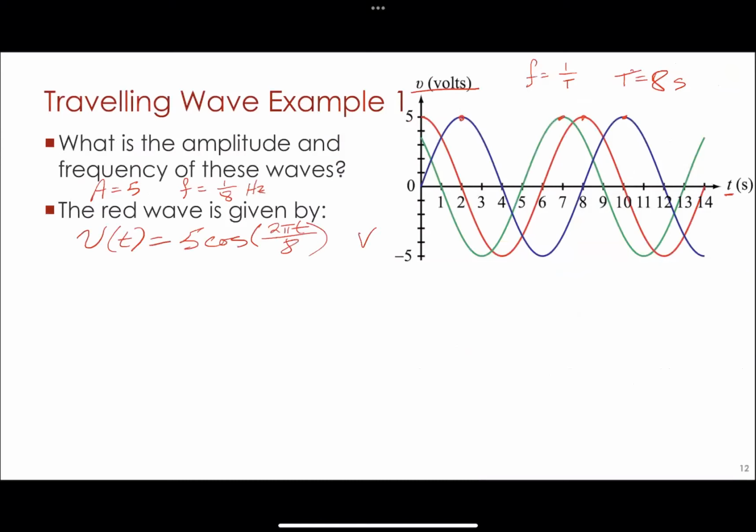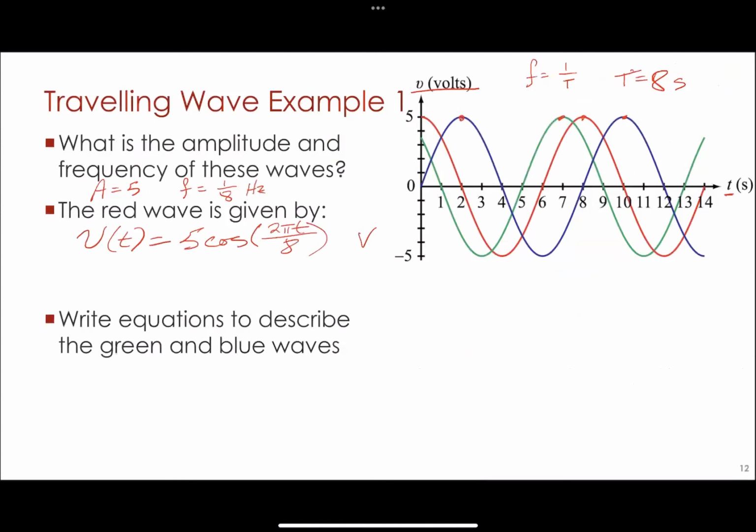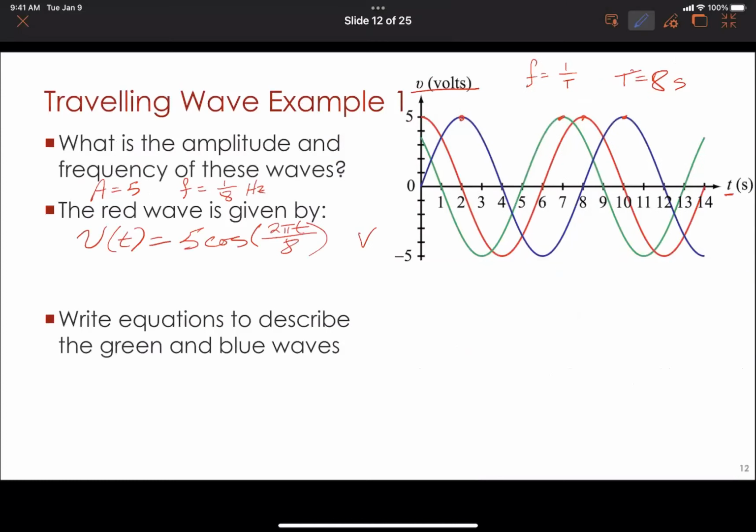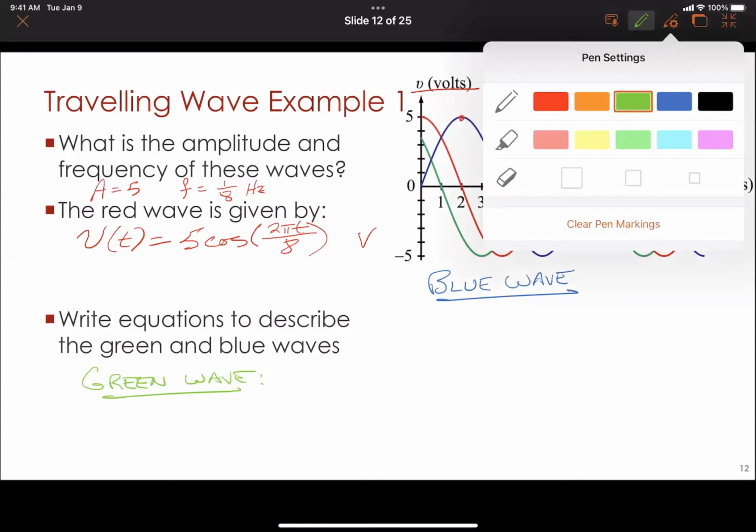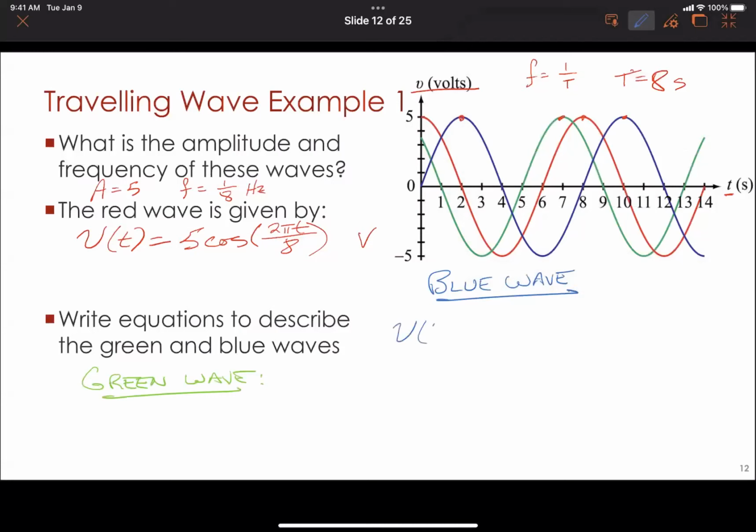Now let's do it for the green and blue waves, and let's do the blue one first. The blue wave looks to be shifted over 90 degrees.